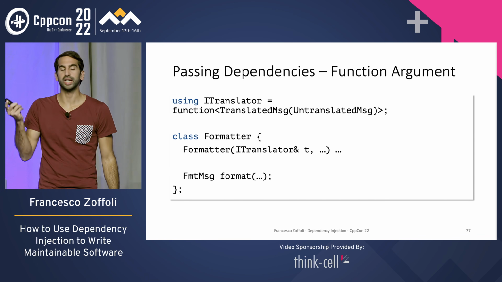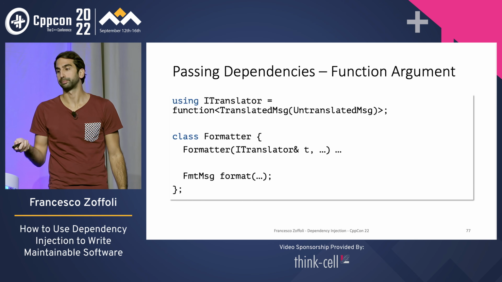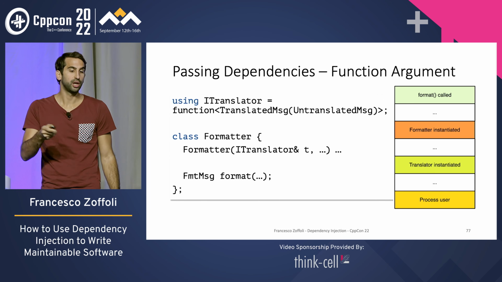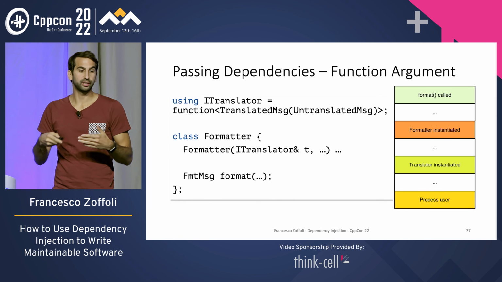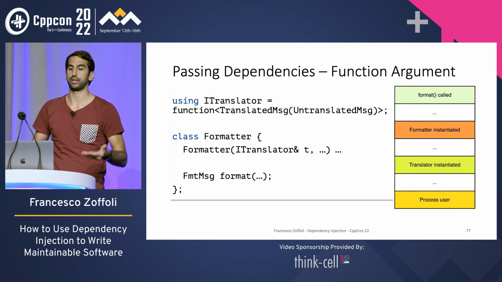How is this possible? We said we need to know the language of the user to be able to instantiate the translator. And this is because we can start instantiating the translator and the formatter after we started processing the user.